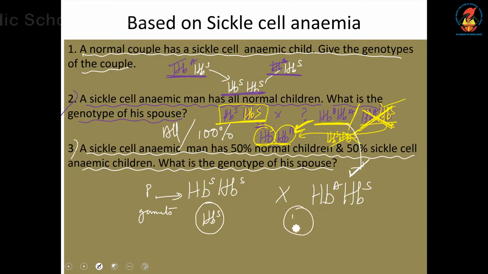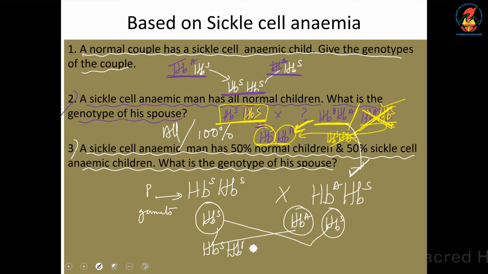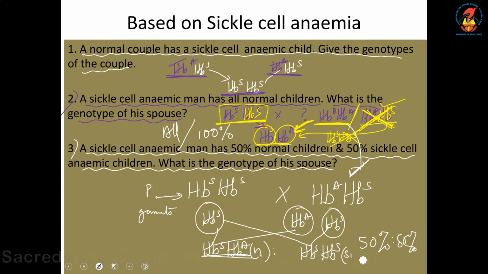Here two types of gametes, HbA and HbS. Now work the cross, this with this and this with this. In the first case we get HbS HbA, and in the second case HbS HbS. Now it falls in that ratio 50-50, 50% normal, 50% sickle cell anemic.